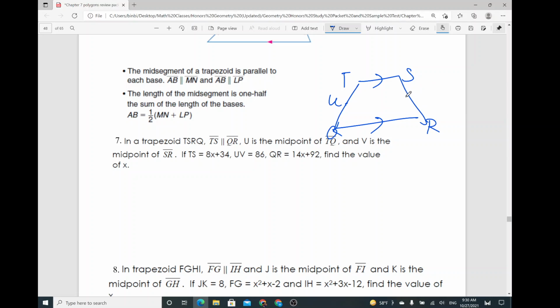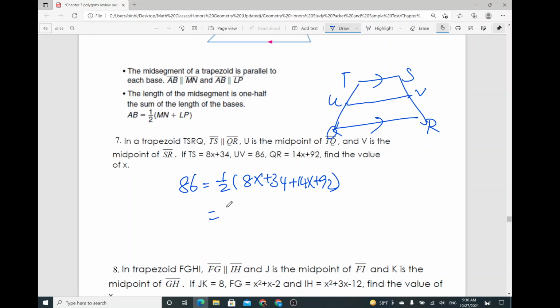And V is the midpoint of SR, connected. So the midsegment. TS is 4x plus 34, and then UV is 86. So the midsegment equals 1/2 times the measure of the upper base, 4x plus 34, plus QR, the lower base, 14x plus 92. And then find the value of x.